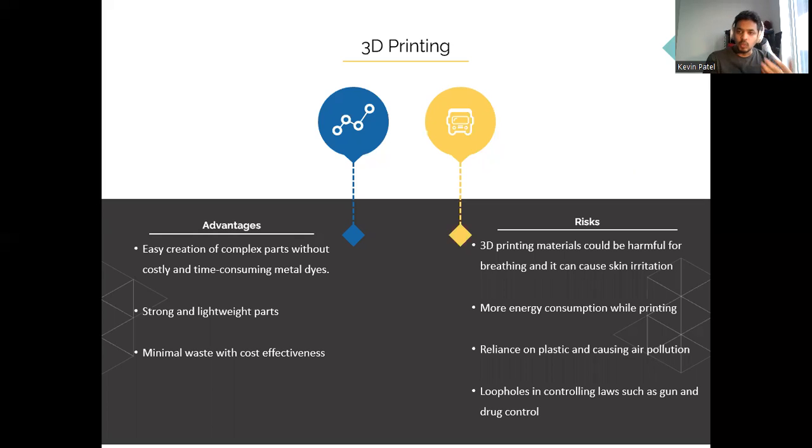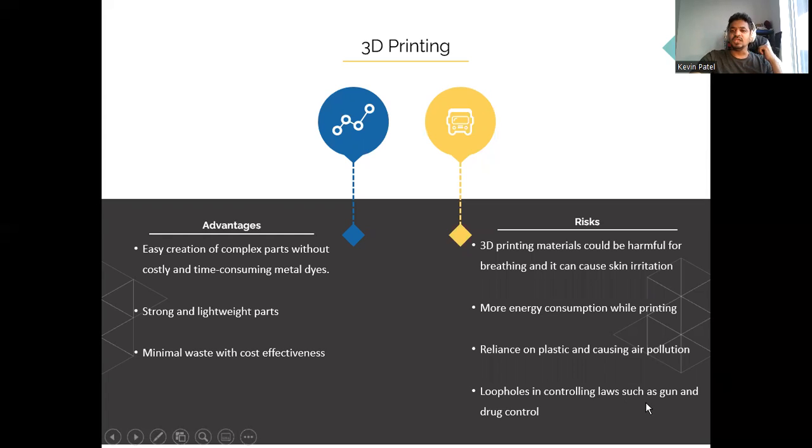Then, while printing, the 3D printer consumes almost 50 to 100 times more electricity. That is where the energy consumption might be causing trouble for the environment. Second is that the reliance on plastic is still not gone. For 3D printing, most materials are dependent on plastic itself, which is also causing air pollution.